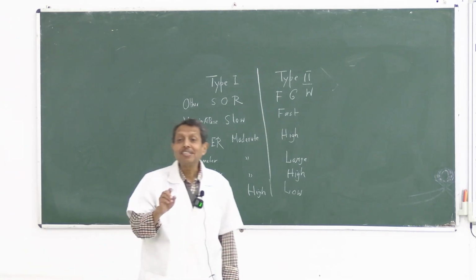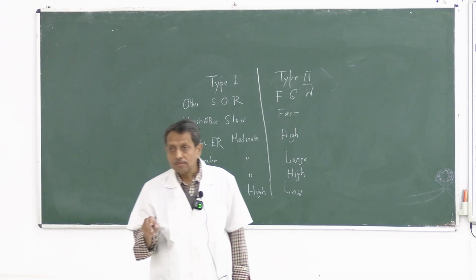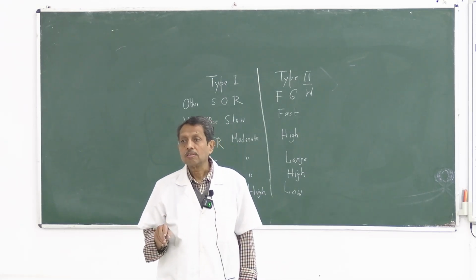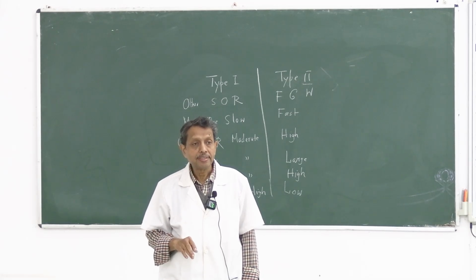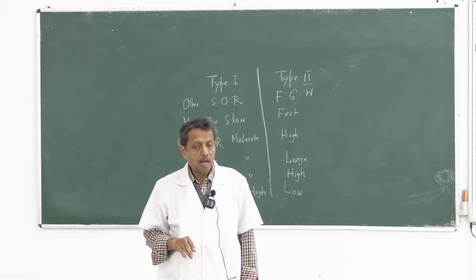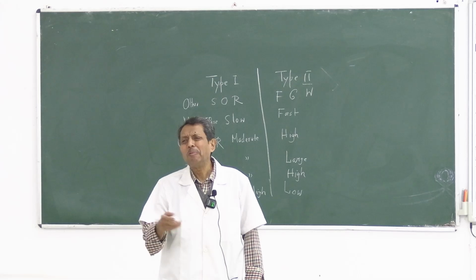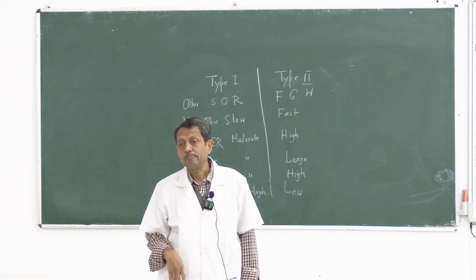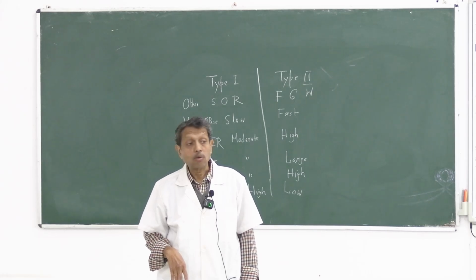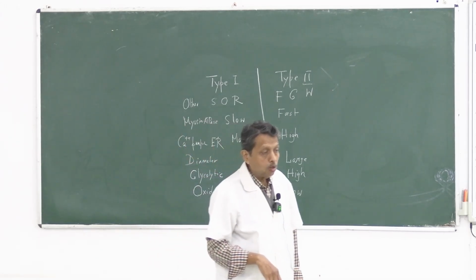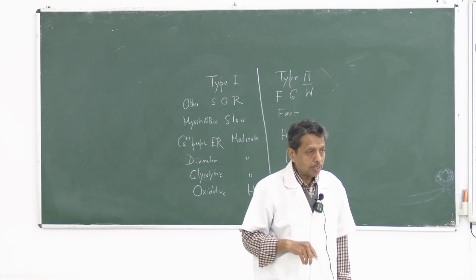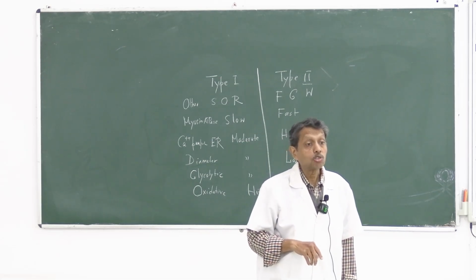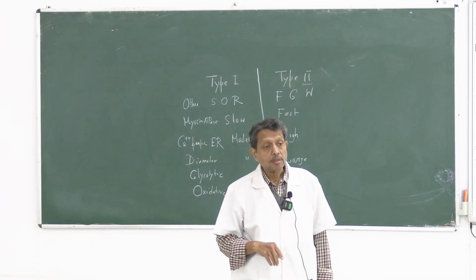For the oxidation, which organelle is required? The organelle responsible for oxidation and generation of ATP is the mitochondria. It is all school level. For this oxygen is required, so the circulation will be more, and it will contain a good number of capillaries. There is more vascularity, and it also contains myoglobin.